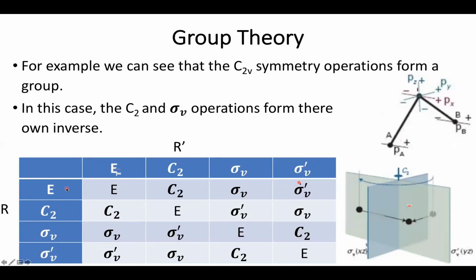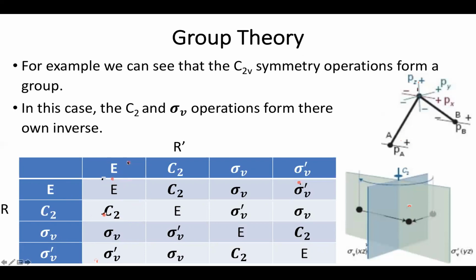But again, if I do nothing followed by an operation, it gives me the second operation. Conversely, if I perform an operation and I follow it with the identity, it gets me back whatever my original operation is. So if I do a rotation followed by doing nothing, it gets me back that rotation.